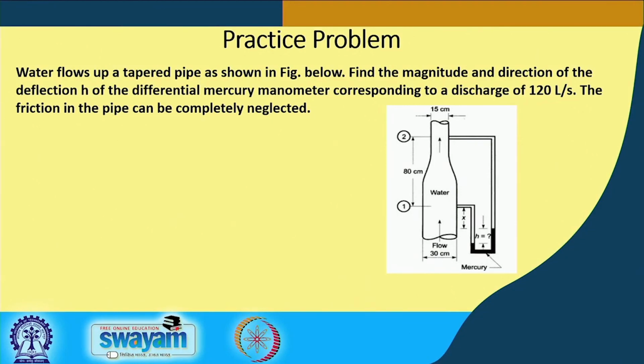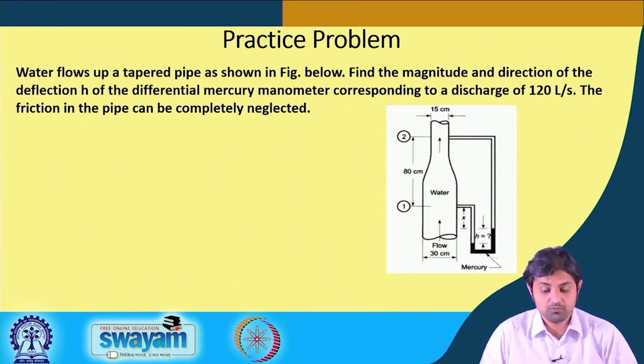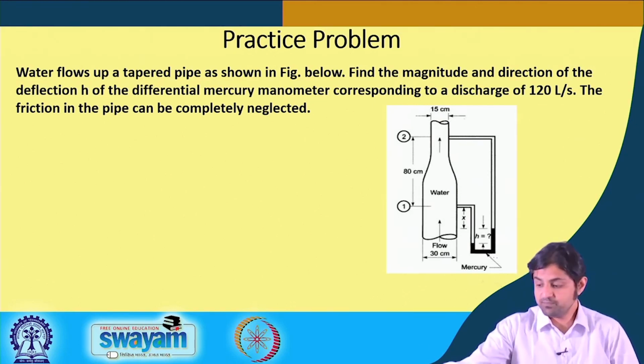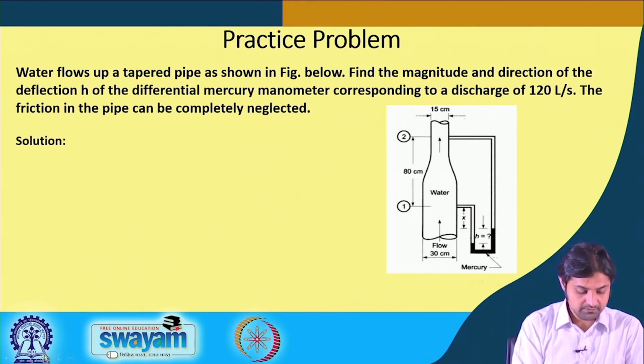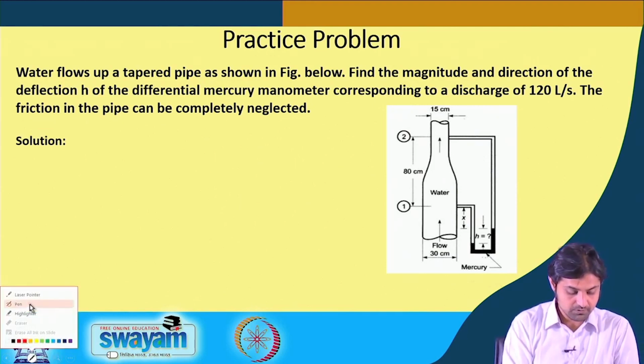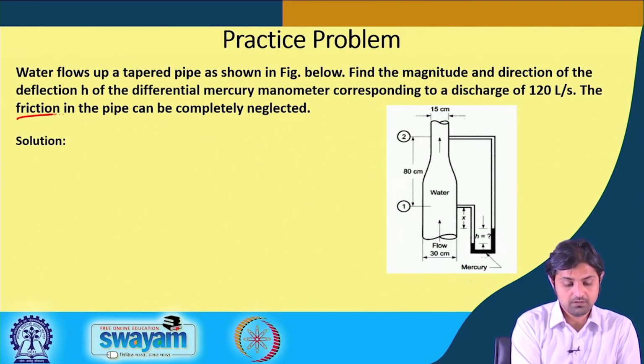Find the magnitude and direction of the deflection H of the differential mercury manometer corresponding to a discharge of 120 liters per second. The friction in the pipe can be completely neglected. The reason for neglecting the friction completely is so that we are able to apply Bernoulli's equation.